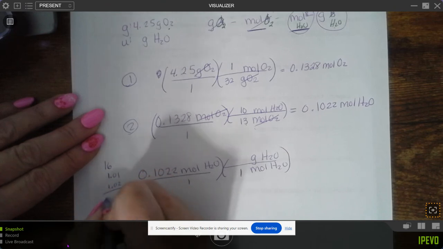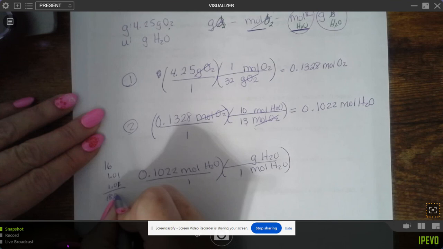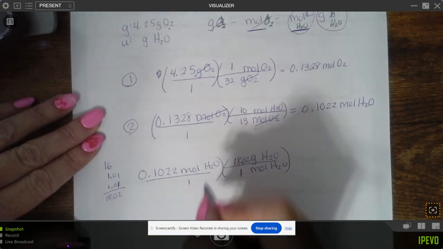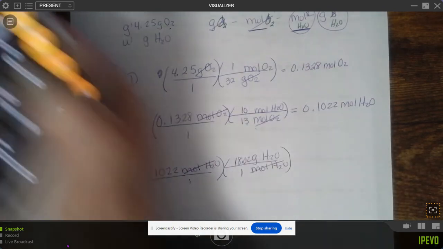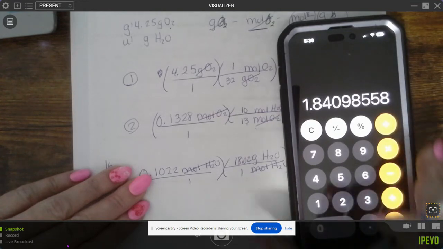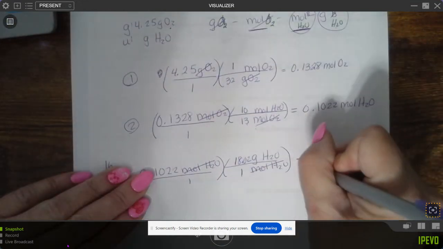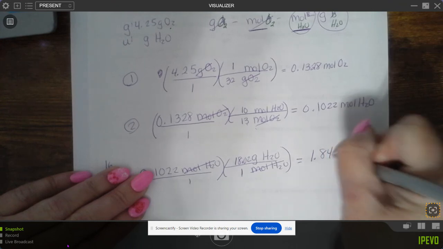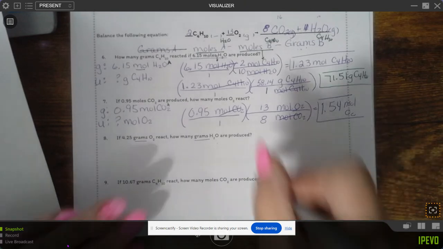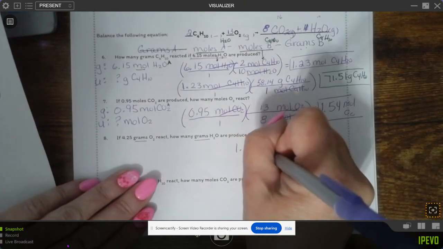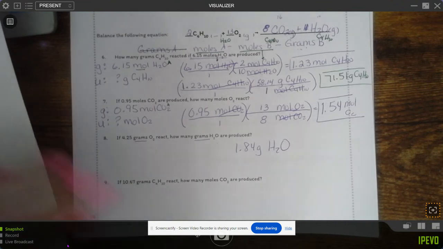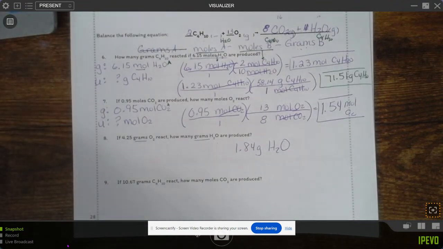We've got 2 of them. That gives us 18.02 as a molar mass. Units cancel. All right, and we're going to times 18.02, 1.84, and this is our final answer, so we will round. 1.84 grams of water is our answer.